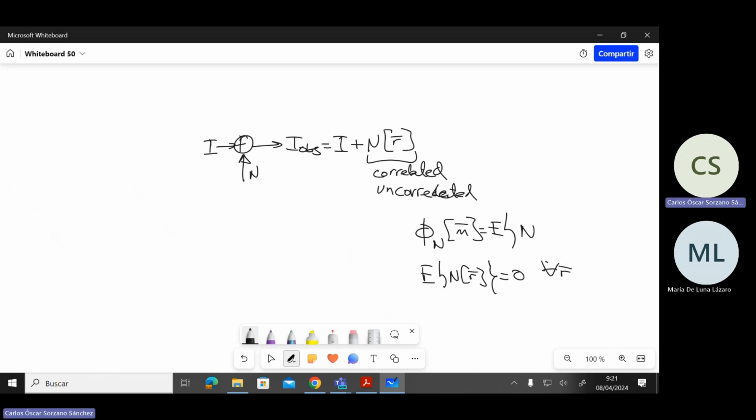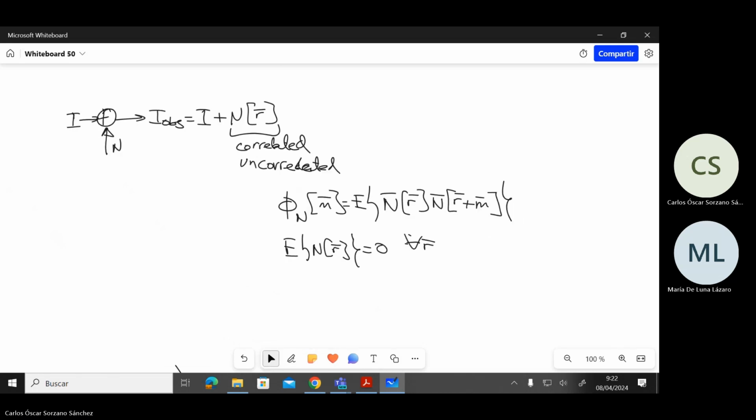So what is the correlation? It is this expected value. For this to be true, we need the mean to be zero. Otherwise, you have to subtract the mean.